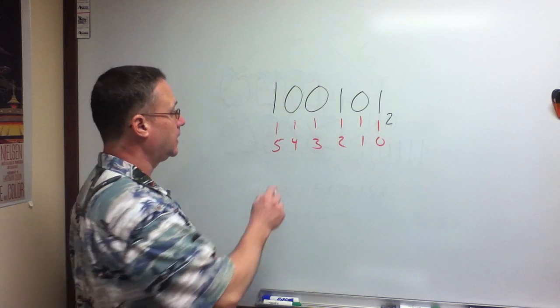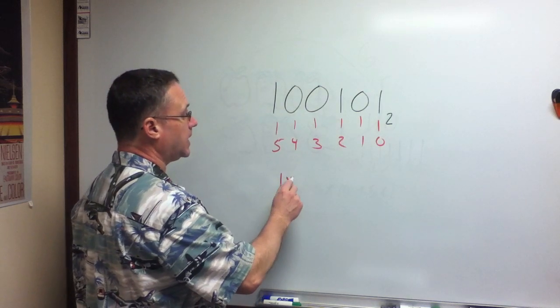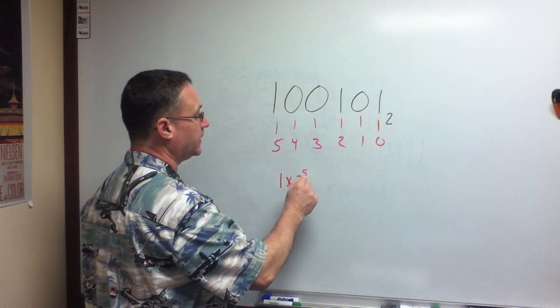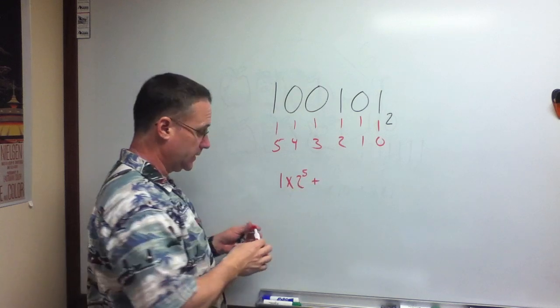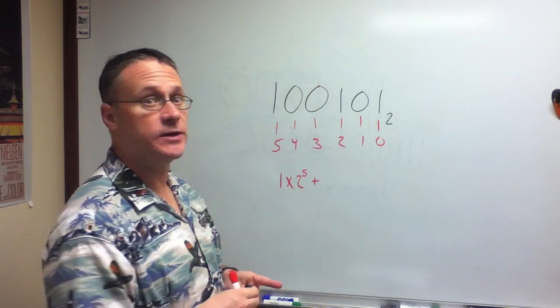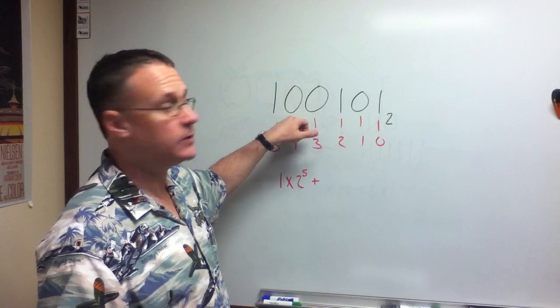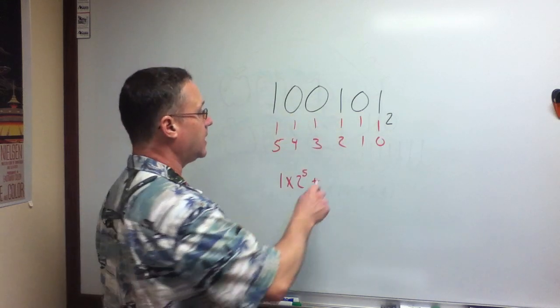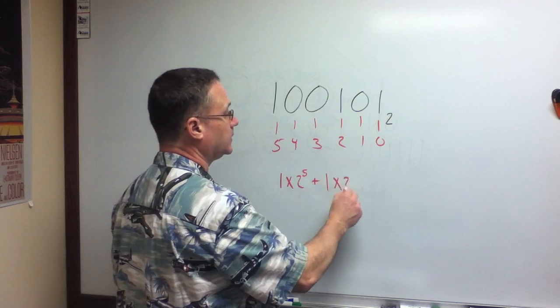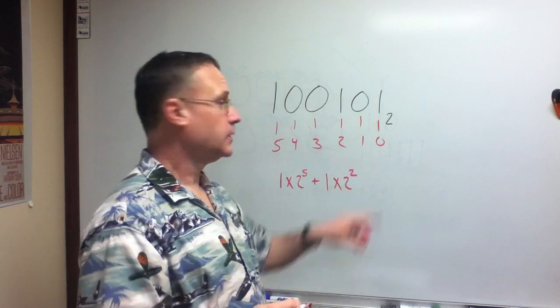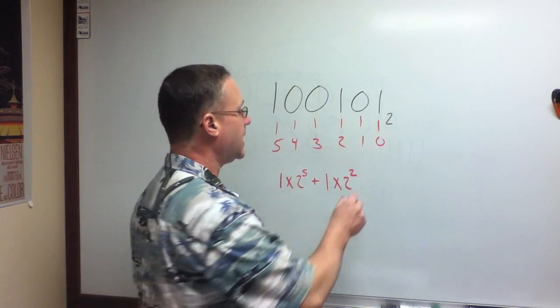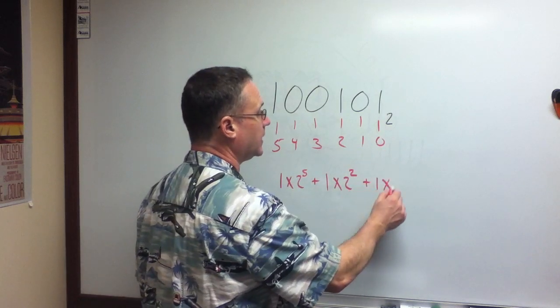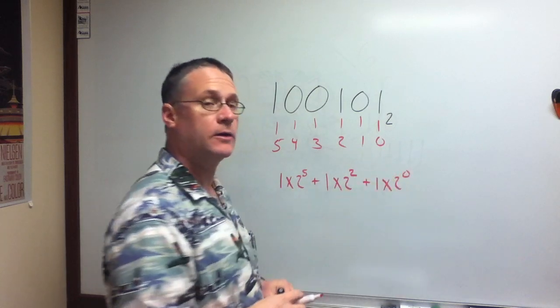So this would be 1 times 2 to the 5th plus, and I'm just going to skip the ones that are 0 because 0 times anything is 0. So skip that, and then go to the next one. And I've got 1 times 2 squared. Skip that. The last one, 1 times 2 to the 0 power.